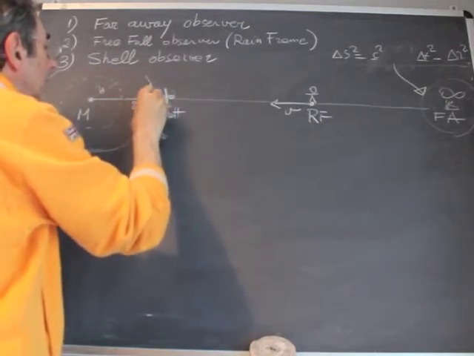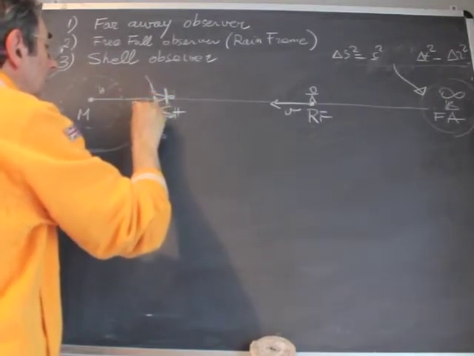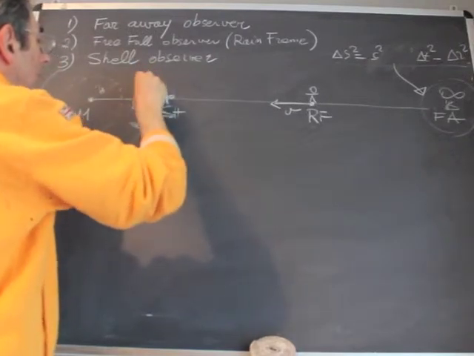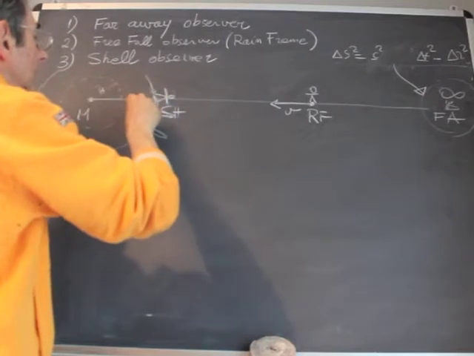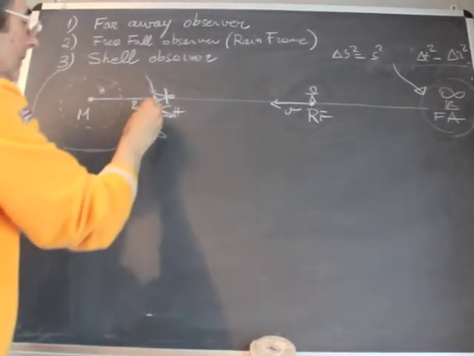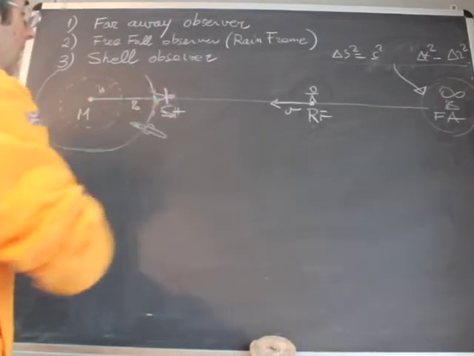For him, simply, you have that. Suppose that he has a little ball, and he lets the ball go horizontally on this surface, so that there is no change in the radial direction.